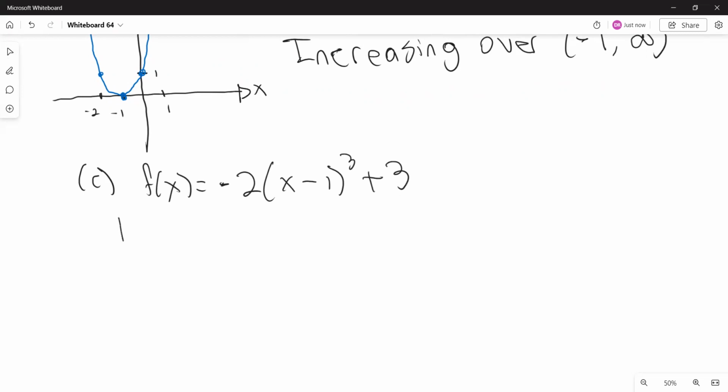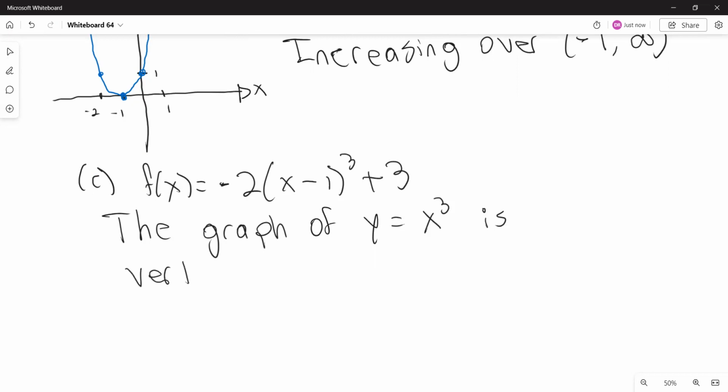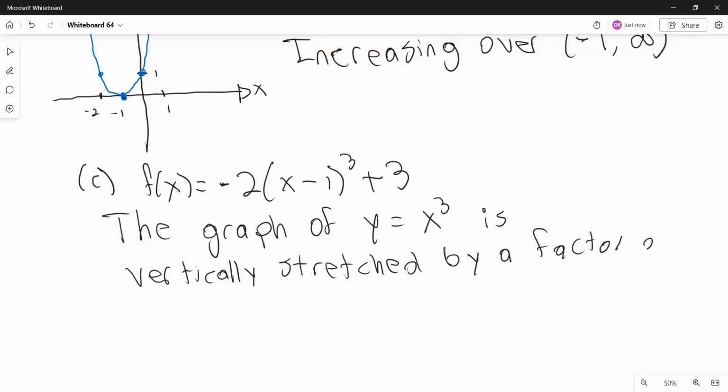Okay, so the graph of x cubed is vertically stretched by a factor of 2. It's going to be reflected across the x-axis.